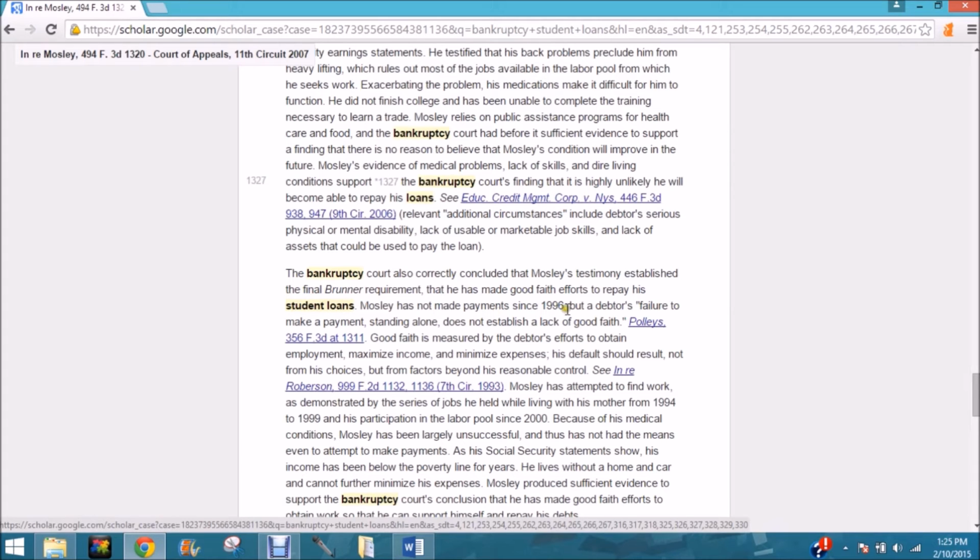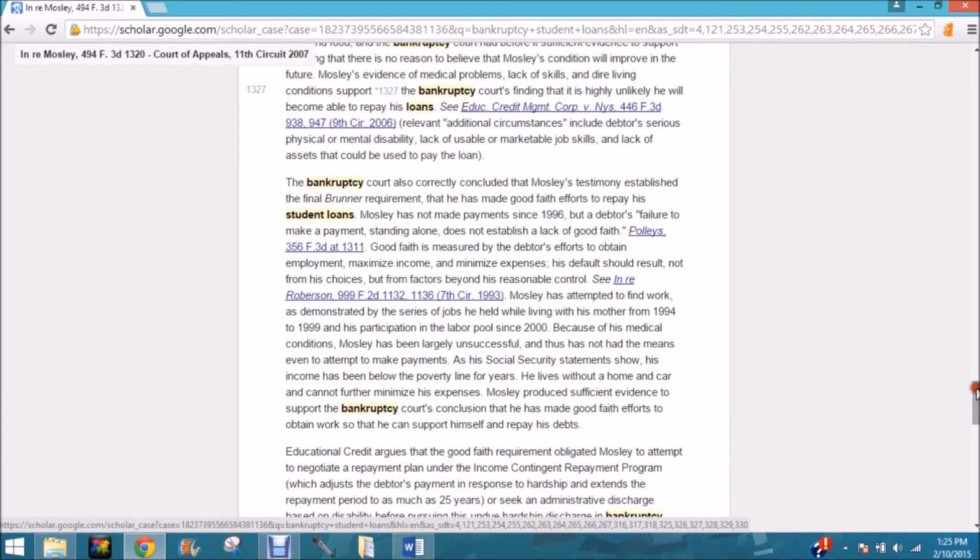Now, he hasn't paid since 1996, but the 11th Circuit has found that failure to make a payment standing alone does not establish a lack of good faith. And they cite the 10th Circuit, this Polly's case, which is really good for people in the 11th Circuit. Okay, so you don't have to have made payments if you couldn't afford them. And so they say instead, here's the test that they adopt for good faith, okay?